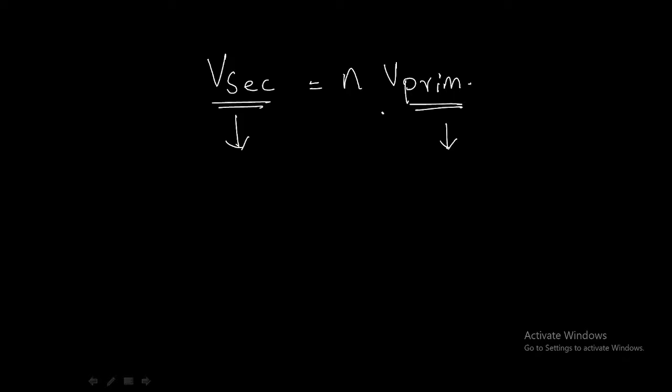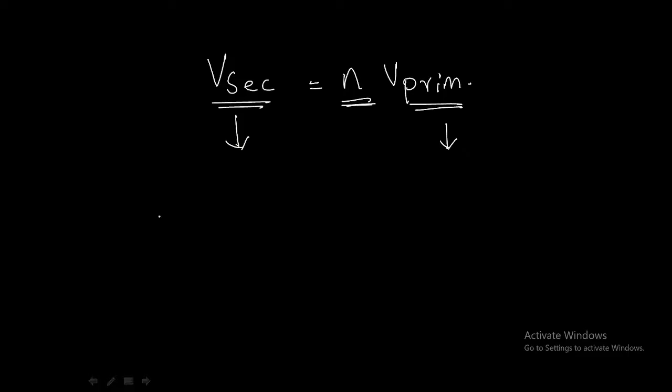The relation between the secondary and primary is given by V secondary equals N times V primary, where V secondary is the secondary voltage, V primary is the primary voltage, and N is the turns ratio.